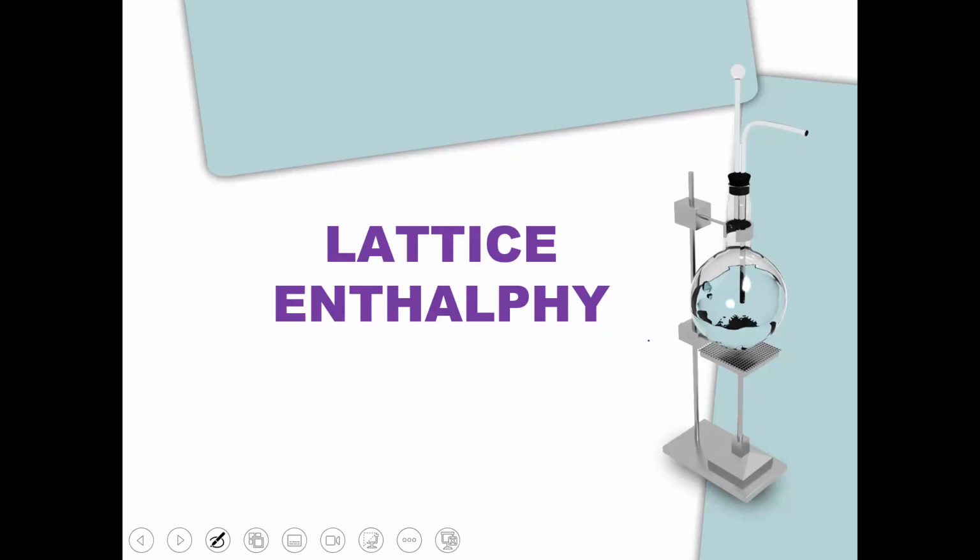Okay, I've copied. The word lattice is used for ionic compounds. This is a typical word for ionic compounds, just like in chemistry the word molecule is especially used for covalent compounds. The word lattice is used for ionic compounds.